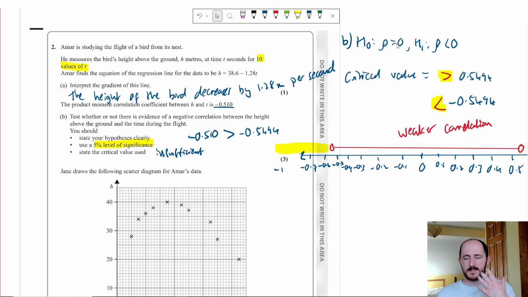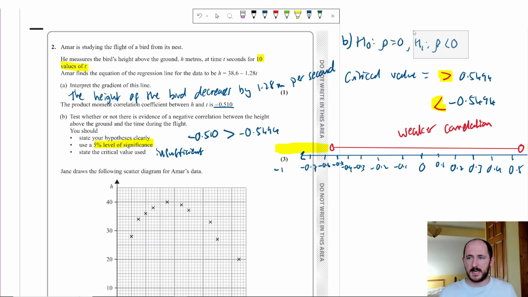Now, I say this a lot with hypothesis testing, they've become very strict on the wording. You can't say reject H1, because that doesn't make sense mathematically, because we're not saying H1 is true at all. We're testing if the null hypothesis is true. So we reject or don't reject the null hypothesis.